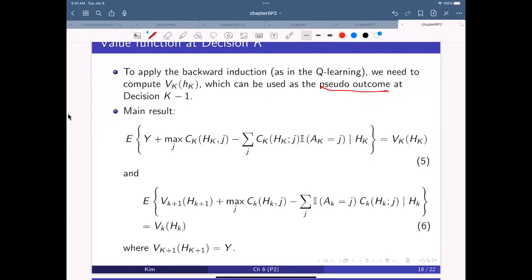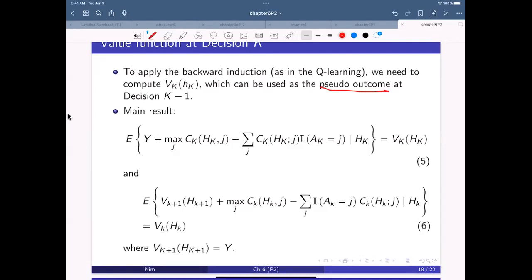Y is just the current data, right? The current outcome. And this is what? The current value of A. This is what? The best, optimal. So this is the optimal choice, this is the current choice, and this is the current outcome, right?